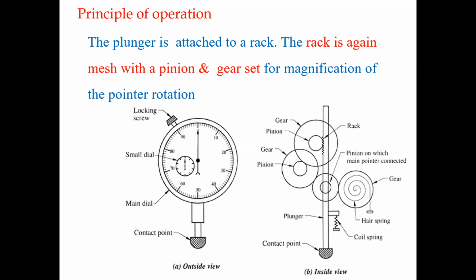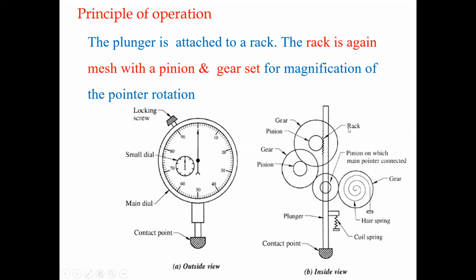So like this, because of this rack and pinion and multiple gears, by using these multiple gears and pinions, the small displacement at this contact point gets magnified and it is indicated on the dial indicator. So small variations on the surface of the work part are sensed by the dial indicator and indicated by the pointer on its dial.